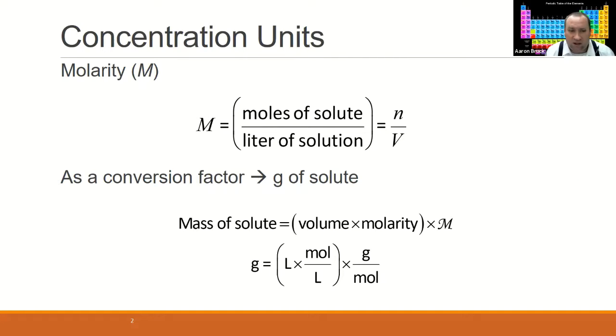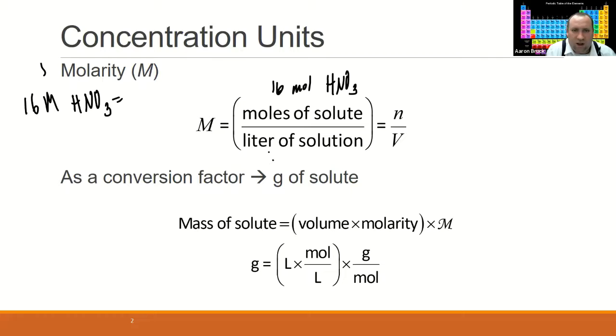So if I have a solution that is 16 molar nitric acid, like we did in the copper lab, that means that there are 16 moles of nitric acid, HNO3, in every liter of the solution.